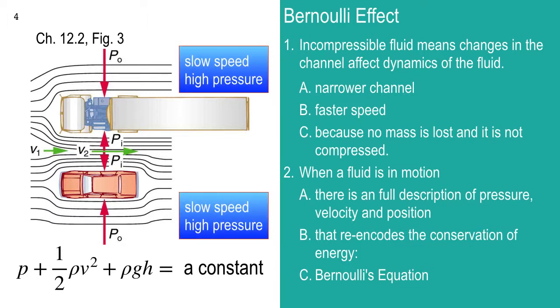So out here, where the air is streaming by at normal speed, if it's still air and you're going 50, then the velocity of those streamlines is 50 miles an hour. Now in between, because you're squeezing the air into a smaller channel, you're going to have a little bit more velocity. Therefore, the pressure is going to be a little bit smaller. So down in here, high speed and low pressure. And for that reason, you get a little bit of squeeze between the truck and the car. And you may have felt that.